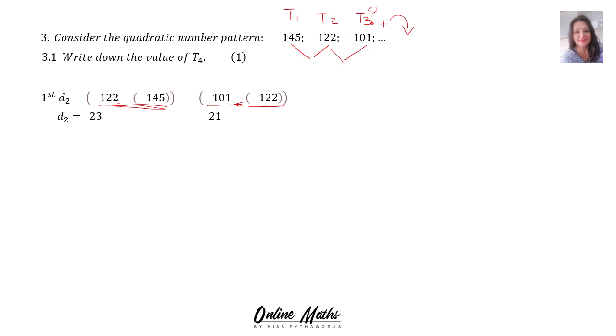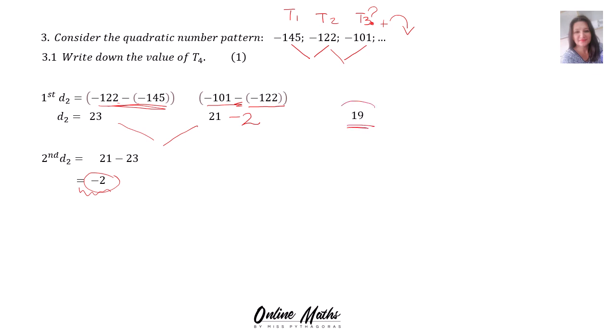Then what you need to do is you need to say 21 minus 23 to get your second difference, and then it gives you a negative 2. Your second difference is negative 2. And then what you do with this negative 2 is you subtract it from that one, and then you get a 19.